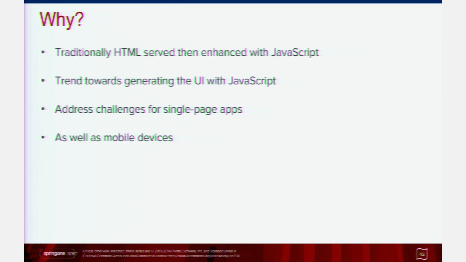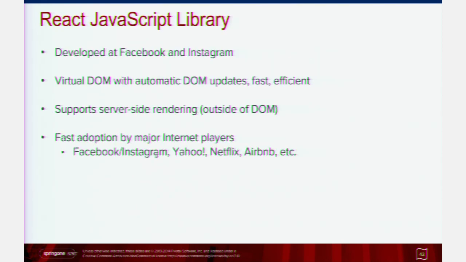And this is really something which arises from the pain of building single-page apps, addressing the challenges for that, as well as for mobile devices, kind of beyond jQuery Mobile. If you branch out into PhoneGap and others, then you might find yourself rewriting and not being able to reuse a lot of what you're doing necessarily with server-side rendering.